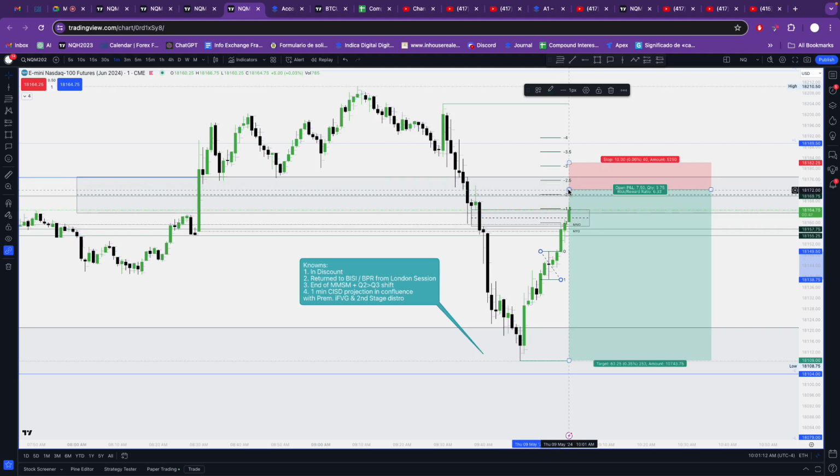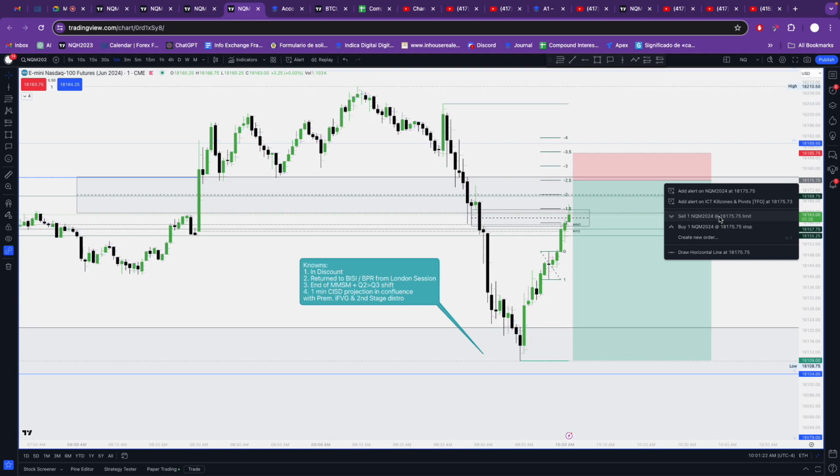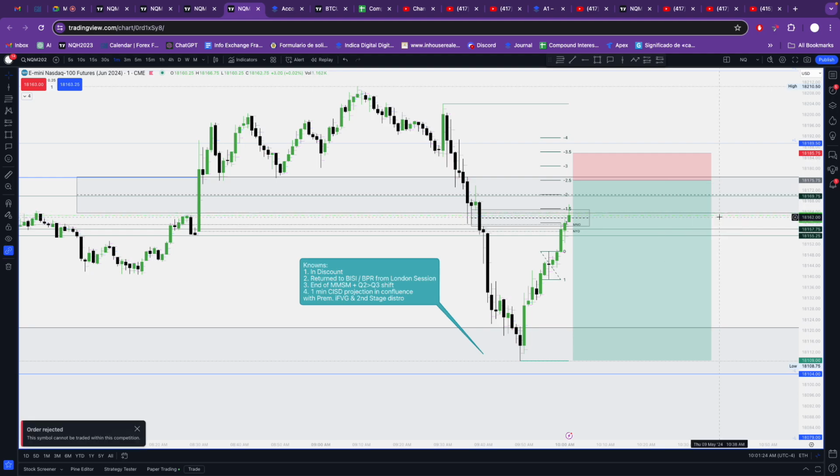2225 is right here, so I'll move my entry up here just a little bit, and then I'll take a market order, a limit order, rejected.